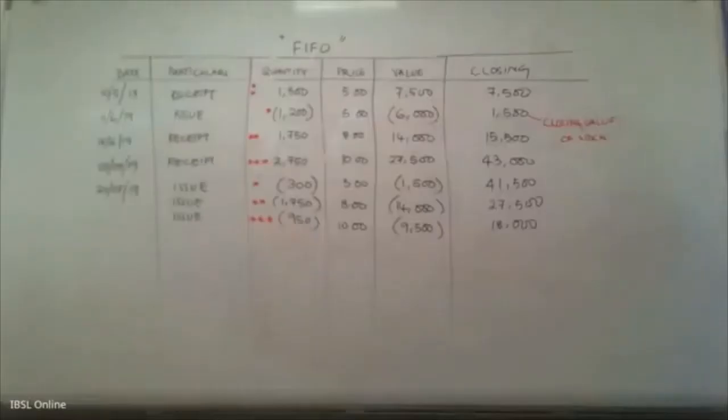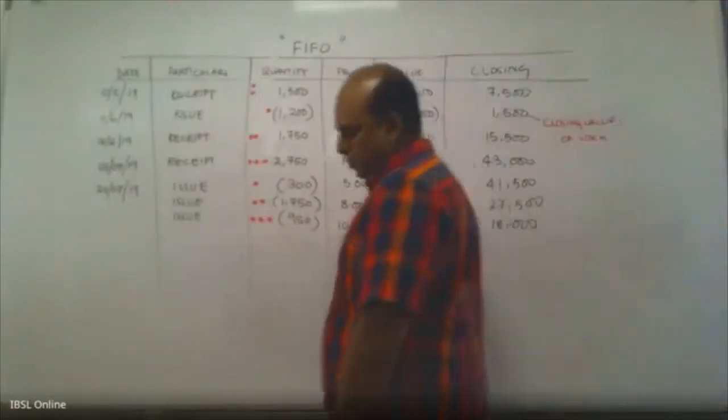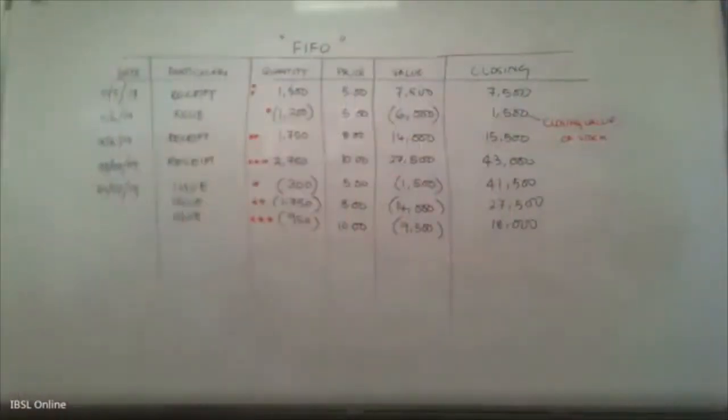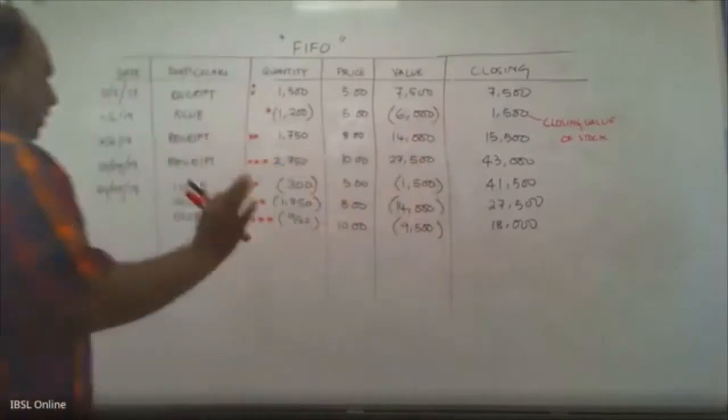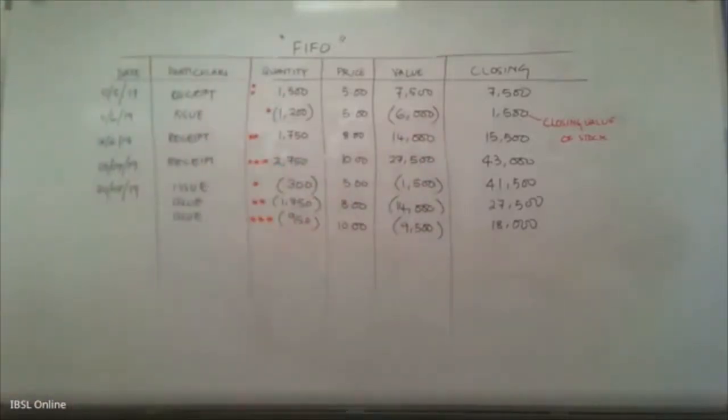Now my question is, how did I get this 18,000? Don't tell me deducting all these and this. I'm not asking that. What is my closing stock value in terms of units and the price?